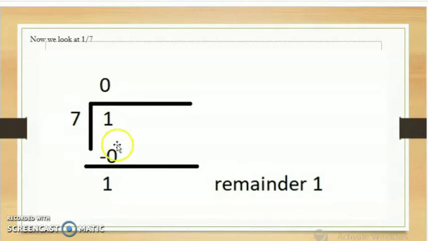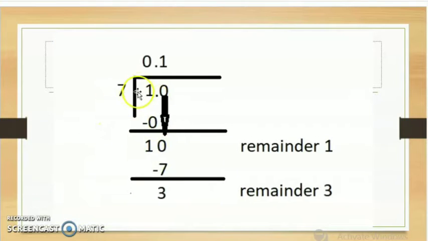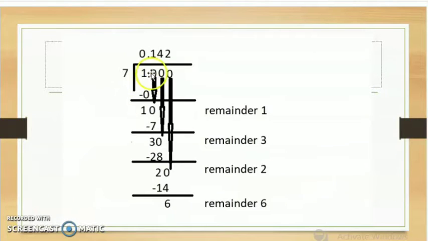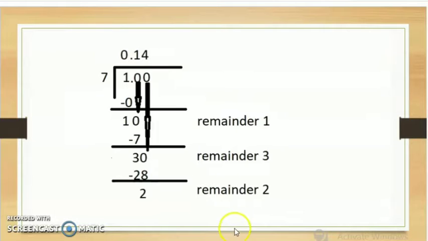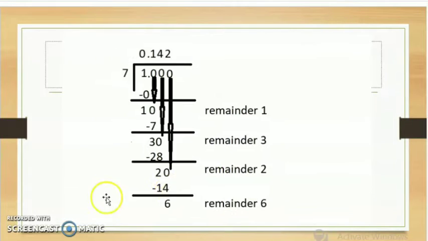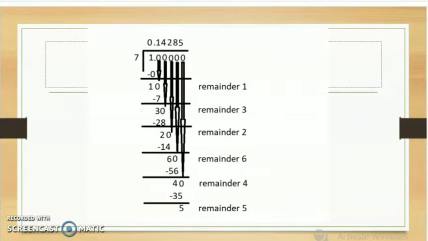Now let us look at 1 by 7. 1 by 7 is 0 times, and we get the remainder 1. Next we bring down a 0, 10, 1 time, remainder 3. Then we bring one more 0, 30, 28, remainder 2. Then we bring down another 0, so 20. 2 times 7 is 14, remainder 6.